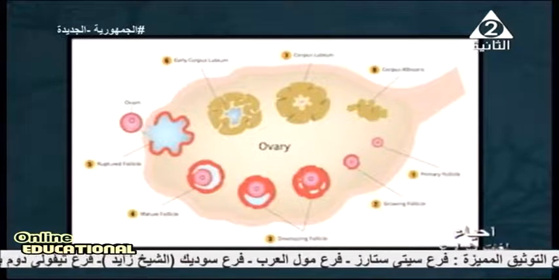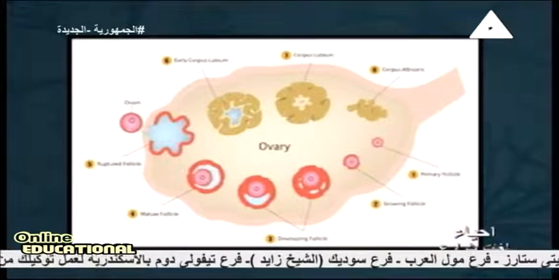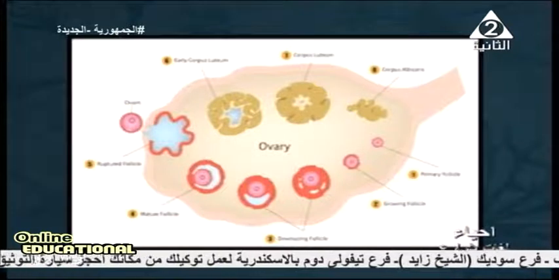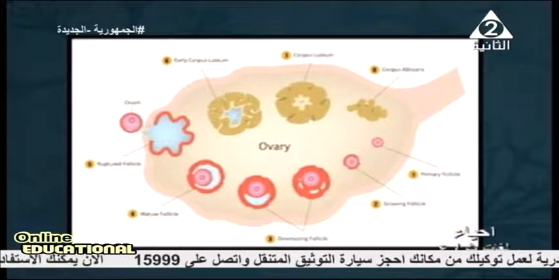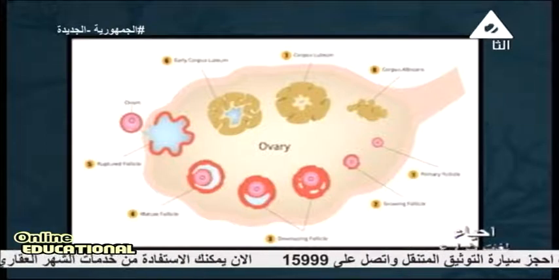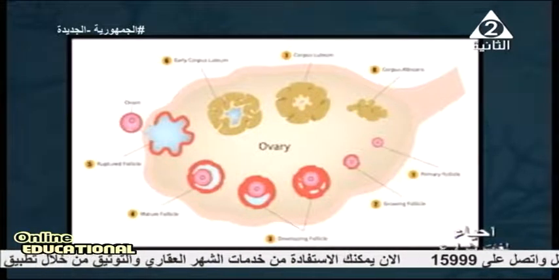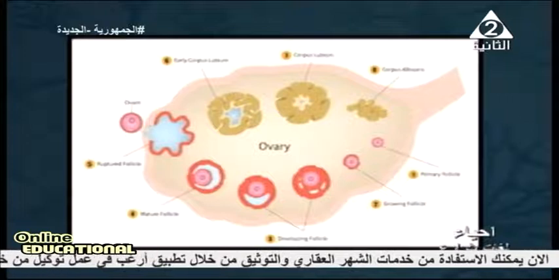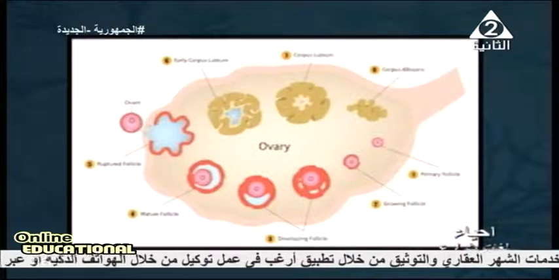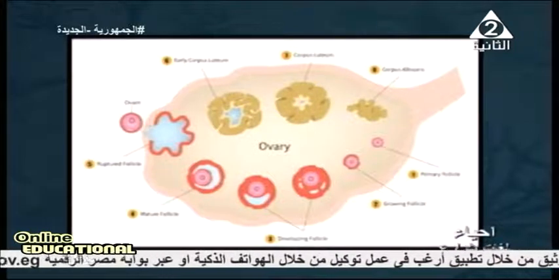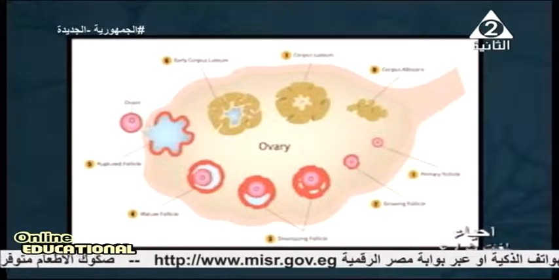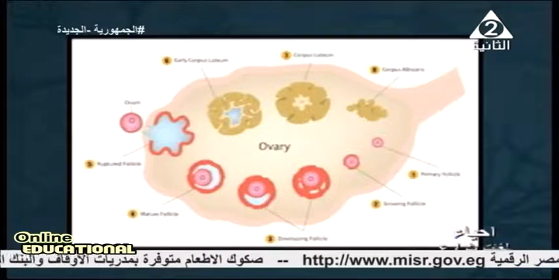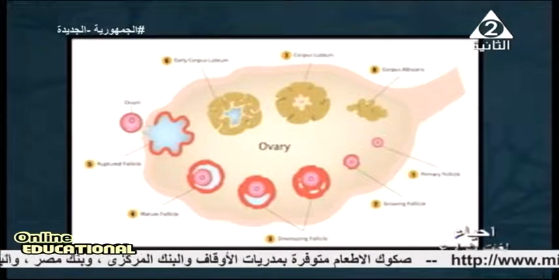First, the Graafian follicles are formed and the corpus luteum, to produce the ovum, which comes out in a mature state until it is fertilized to form a baby, or not fertilized, forming the menstrual cycle.